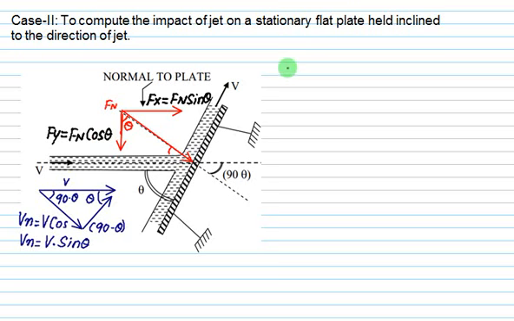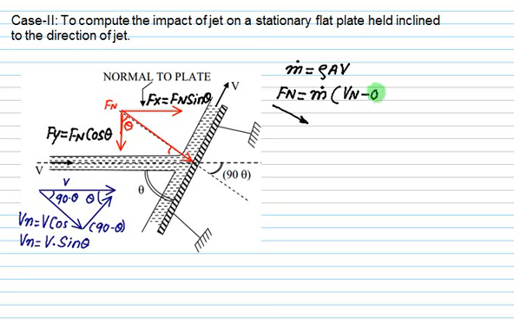So the mass flow rate will remain the same: m dot is equal to rho multiplied by a multiplied by v. For this normal direction, is it equal to the rate of change of momentum? That is equal to what? M dot. What is the velocity in this direction? Is it the same as vn? Correct? And what is the return velocity in the same direction?